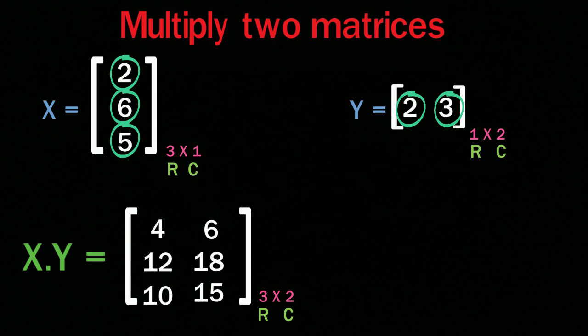So remember that we must make sure that the column of the first matrix is equal to the row of the second matrix before we can do any multiplications. And the answer of the multiplication will have the order of the row of the first matrix, which is 3, and the column of the second matrix, which is 2.